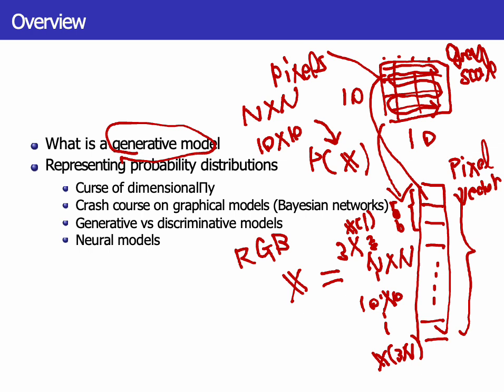So what a generative model generates is the probability of these pixel value vectors.